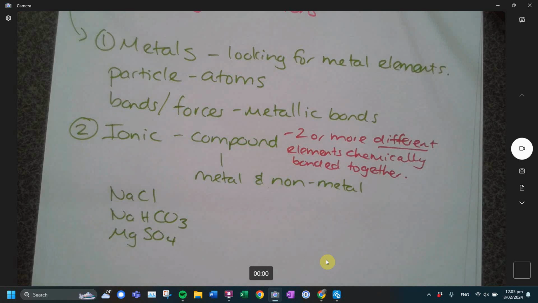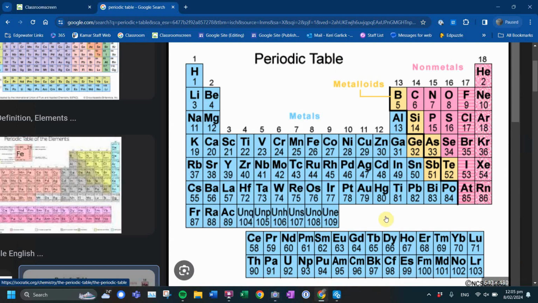If we look at the periodic table, we can figure out what are metals and non-metals. I'm just going to flick it over real quick so we can see it. We see sodium and magnesium are over here. Chlorine's over there. Hydrogen is over here. Oxygen's over here. Sulfur is over here. You see how we have a mixture of that pink and blue?